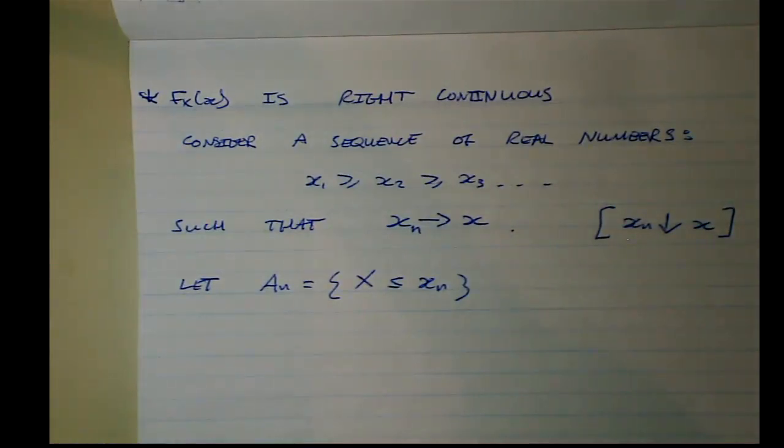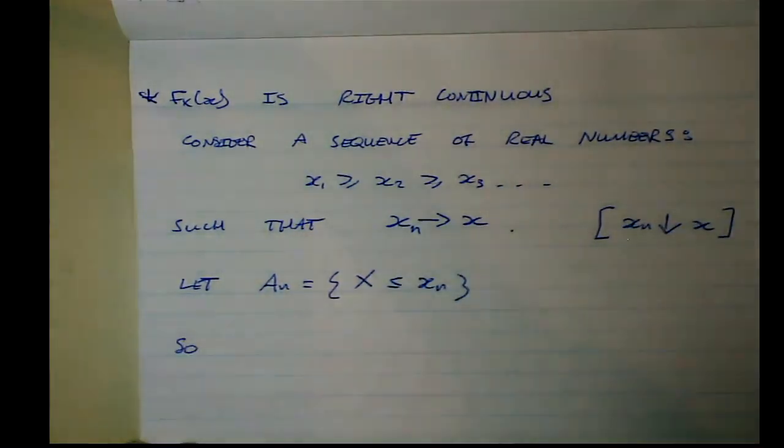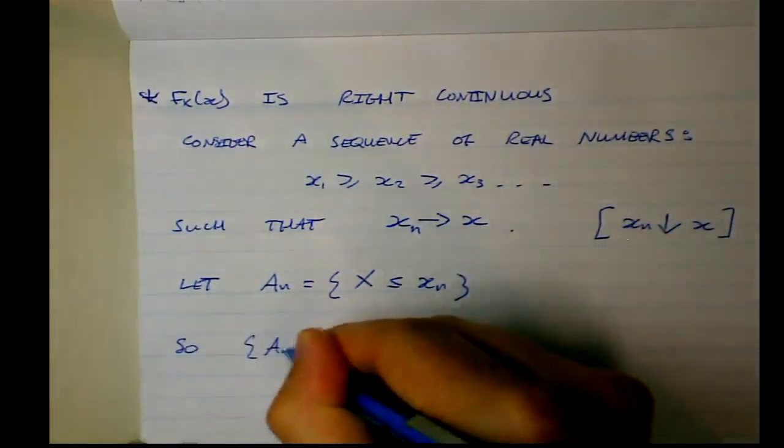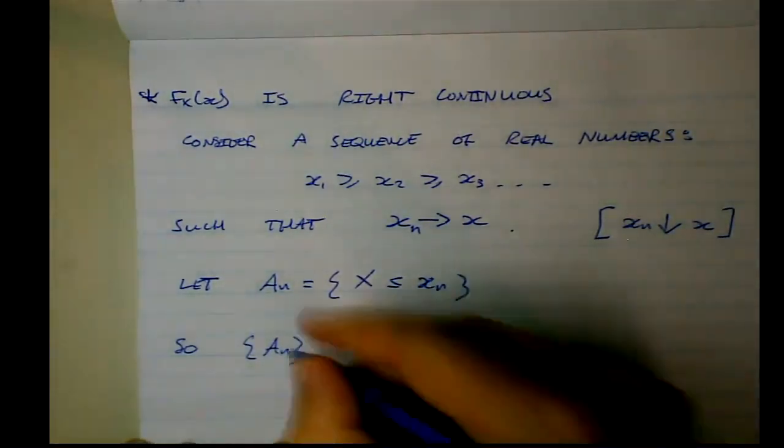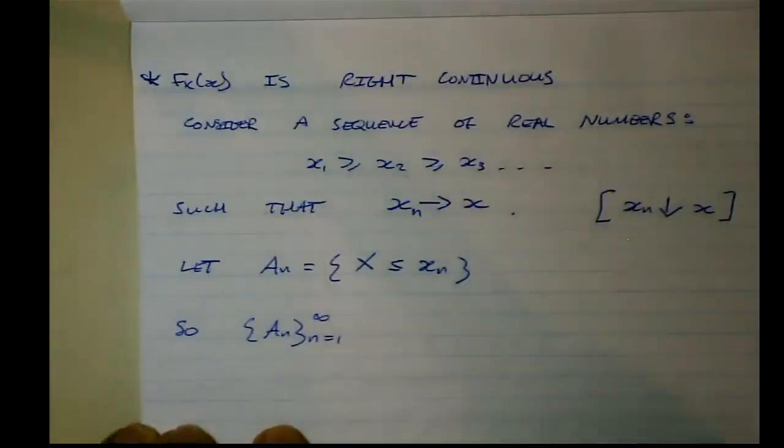That's the event we're going to be interested in. Now we're going to apply continuity of probability to the sequence of events A_n, running from 1 to infinity.